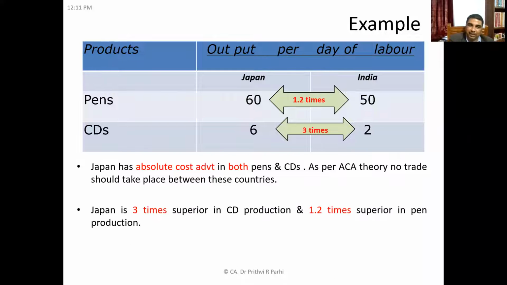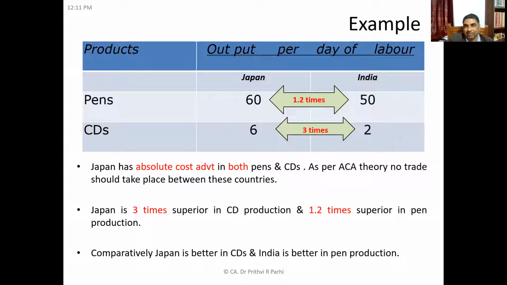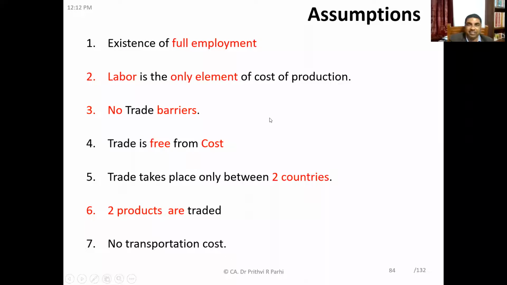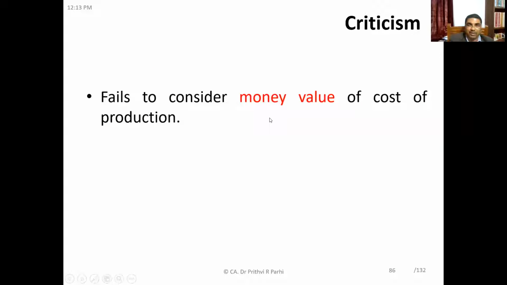The next theory is based on this theory. One of the disadvantages, or if you look at its criticism, is that the value of money was not considered. And there is only one factor of production which is considered, that is labor.